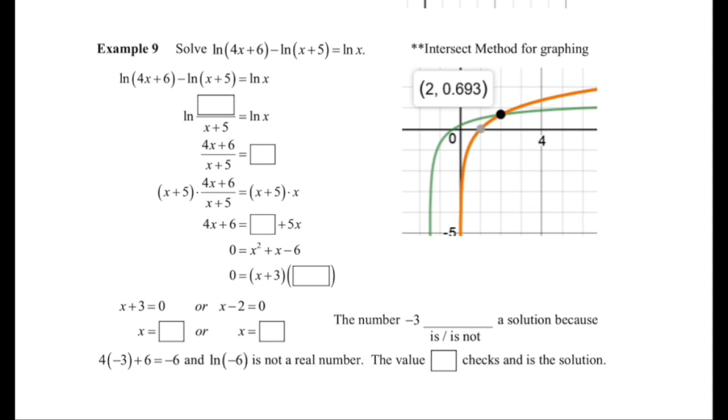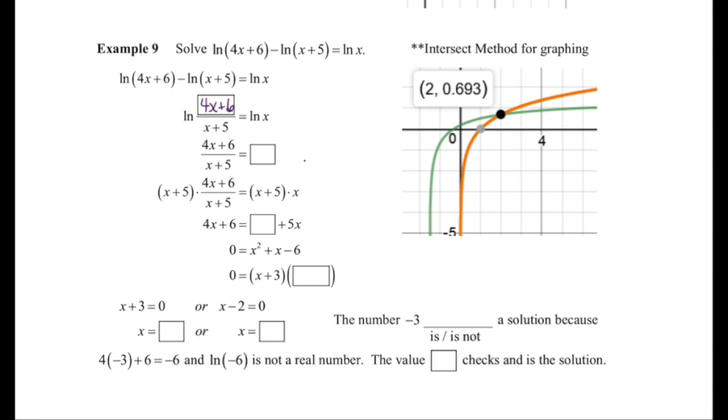Let's try one with the natural logs, and we're subtracting with the natural log here. So we can use the quotient rule. We can combine them together as the natural log of (4x plus 6) over (x plus 5).